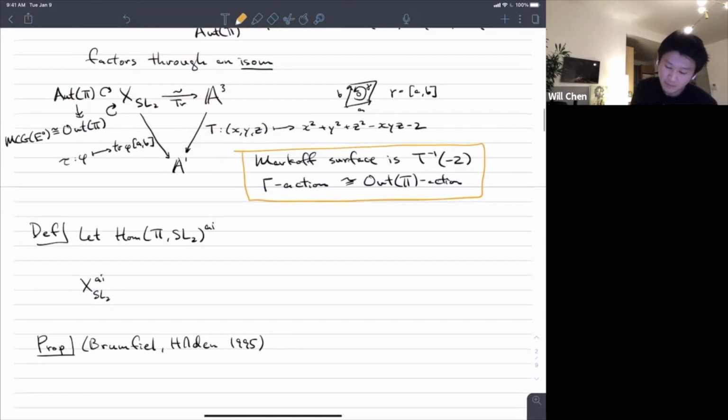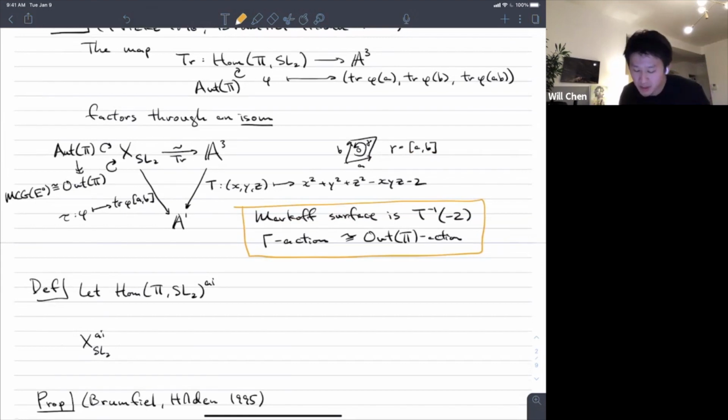All right, so remember, we eventually want to get some kind of correspondence between the F2 points of the Markov surface and SL2 isomorphism classes of SL2 representations. So in general, this is quite a subtle business, right? Because even for algebraically closed fields, it's not necessarily true that the geometric points of a quotient actually correspond to orbits of geometric points of the original space. And of course, for finite fields, this is even more subtle.